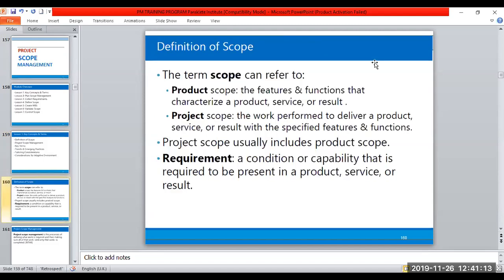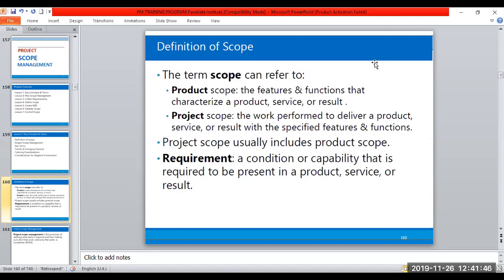Now, the term product scope refers to the features and functions or functionalities that characterize a product, service, or result, while the project scope refers to the work performed to deliver a product, service, or result with the specified features and functions. So the project scope usually includes product scope in its entirety.